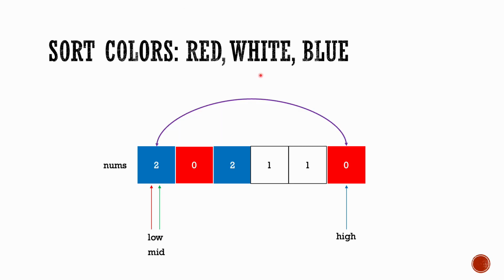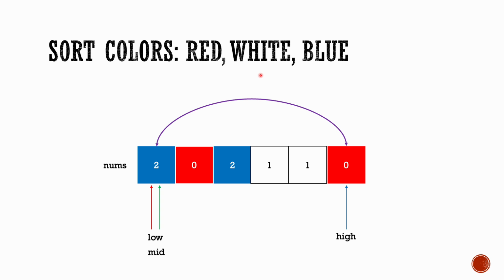So we have taken an example here, say we have a nums array with the elements 2, 0, 2, 1, 1, 0, and we have to sort the colors. Let's say red is denoted by number 0, white is denoted by number 1, and blue is denoted by 2.